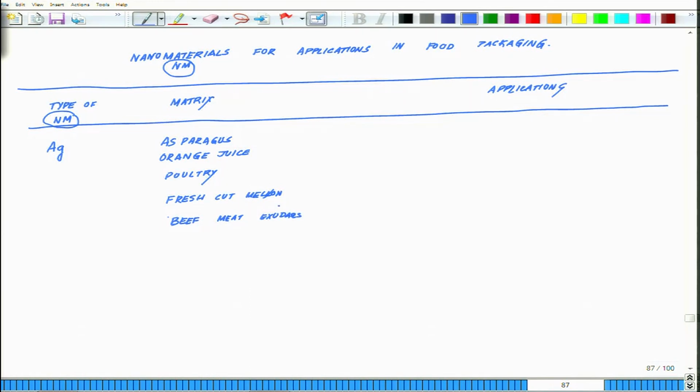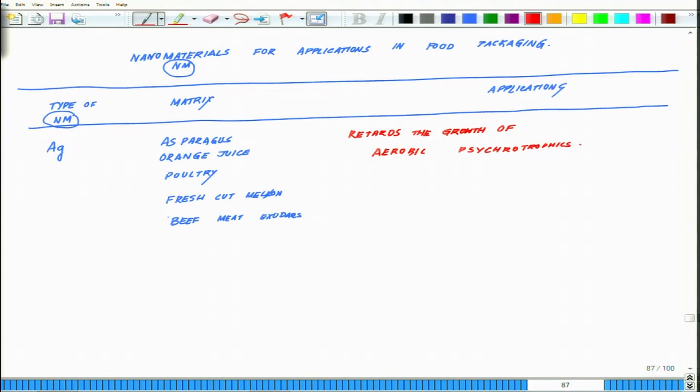Okay, now the applications are: retards the growth of, now this is critical, retards the growth of aerobic psychrotrophics, okay.